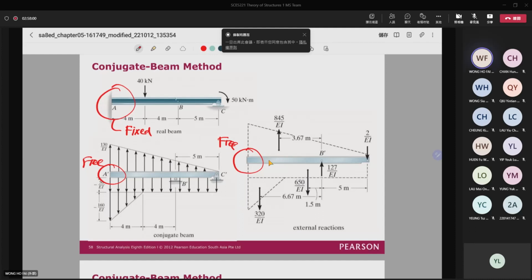For internal hinge, we will change to internal support. For pin support, we will change also to the pin support. Okay. Is it okay for you?